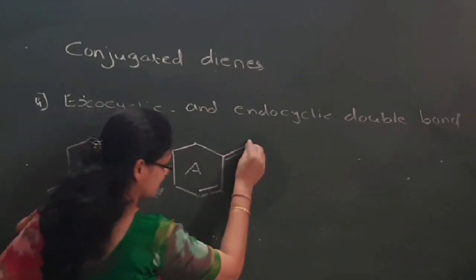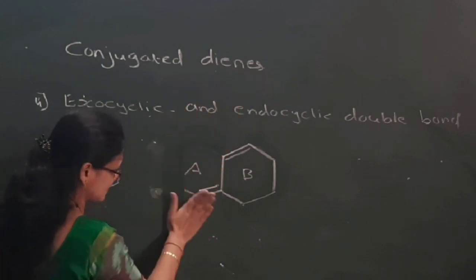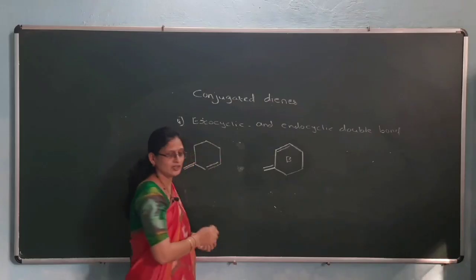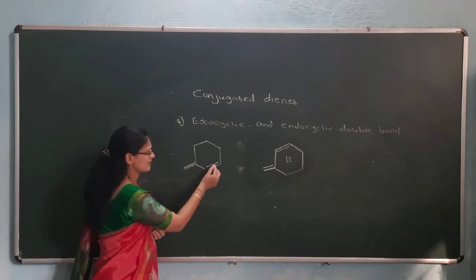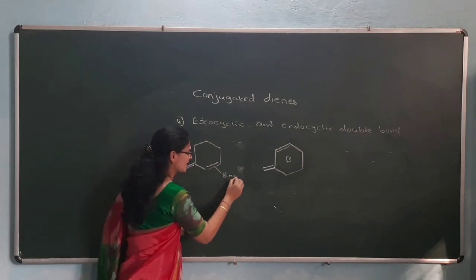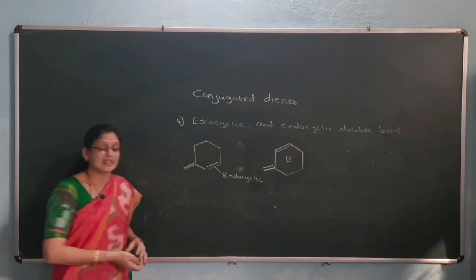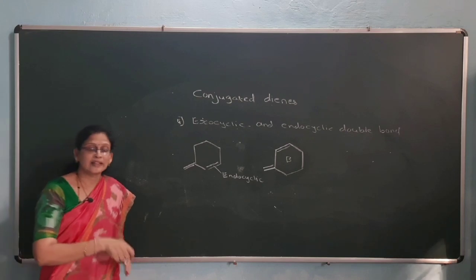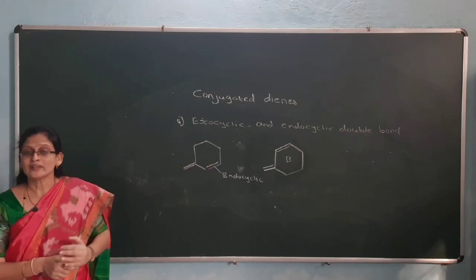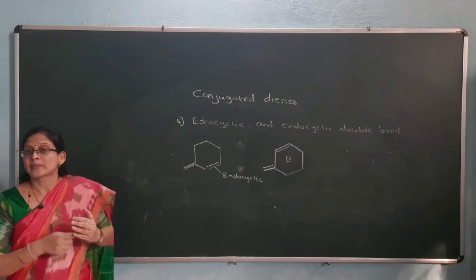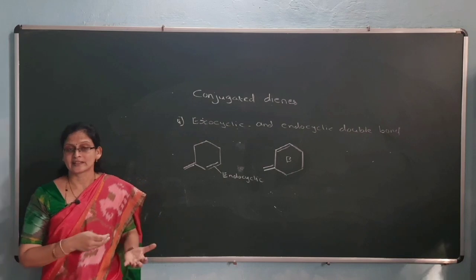If I complete ring B, then for B, this is outside the ring. So this is an exocyclic double bond. Then this one is endocyclic. What is endocyclic? The double bonds which are conjugated but present inside the ring. Is it clear? Exocyclic: the double bonds are conjugated but present outside the ring. Endocyclic: they are present inside the ring.